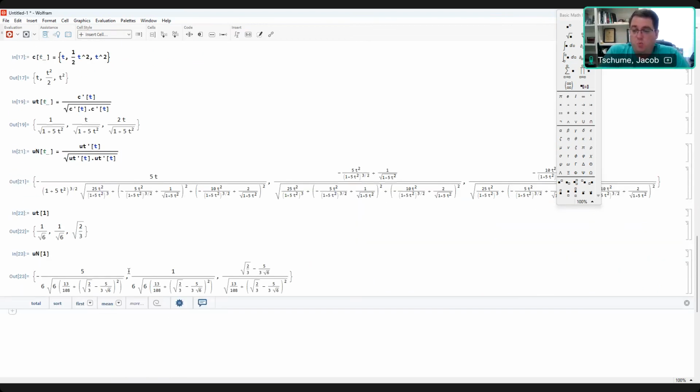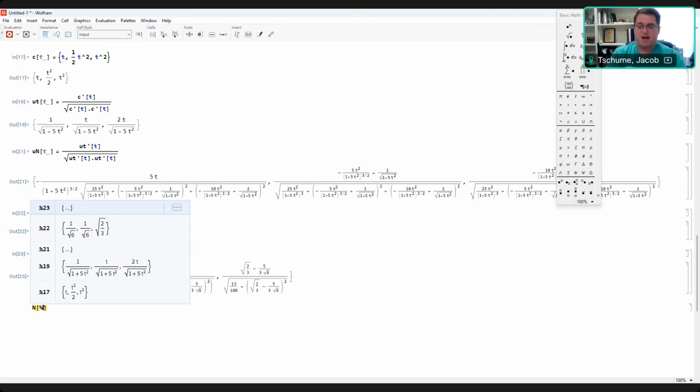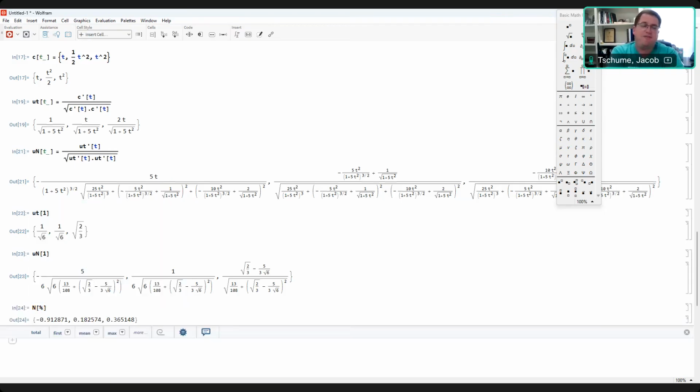You'll notice one like this looks pretty complicated, so maybe I need to get a decimal approximation if that's needed. If the project just says find an exact answer, this is perfectly acceptable. But if the problem asks for a decimal, just don't forget our favorite code, N%, will give you a decimal of the previous output to get the approximation.